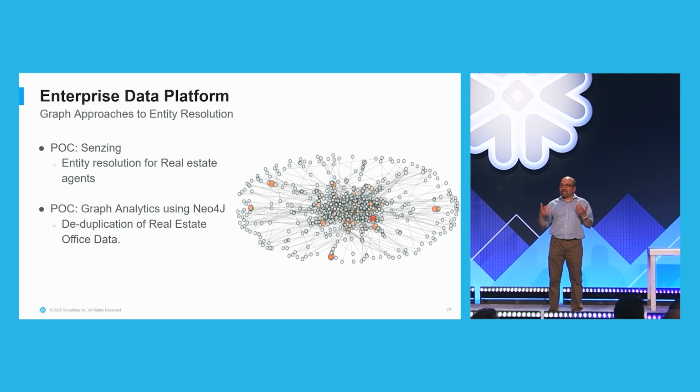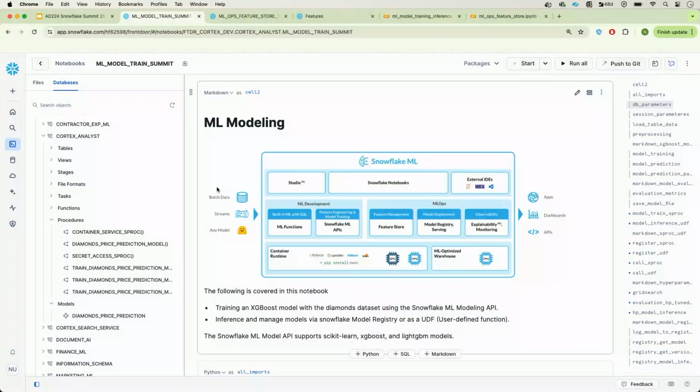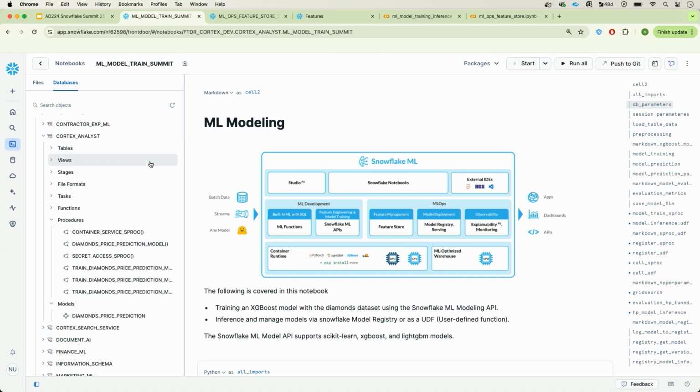So to make that effective, we are trying to go through a couple of options. One of them is we're using Senzing. We looked at some other ones, but we're also looking at graph analytics from Neo4j. We're starting to work with them as well. So there are some combinatorial things of those two that we're trying to figure out, so we can get this entity resolution to come to bear.